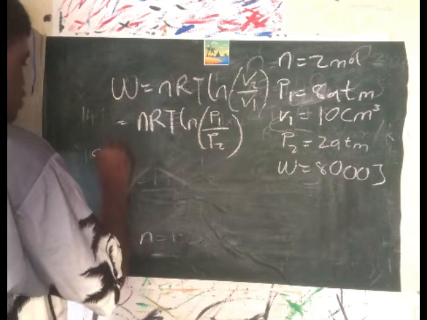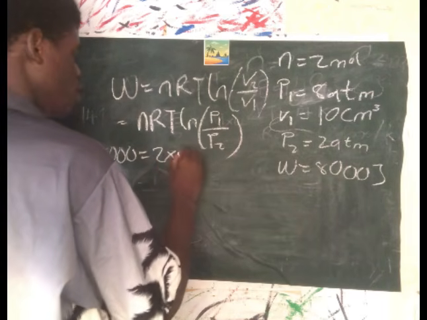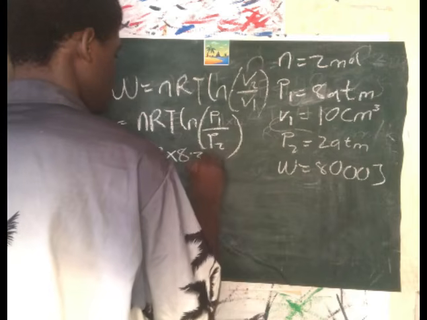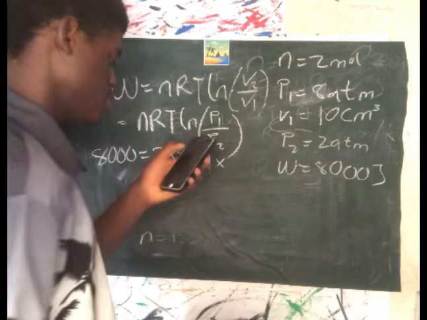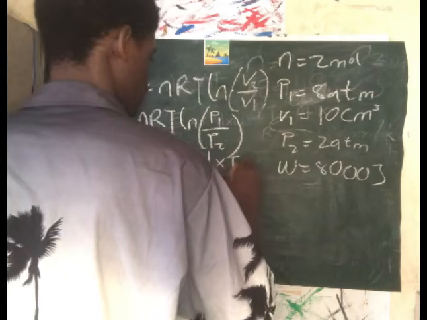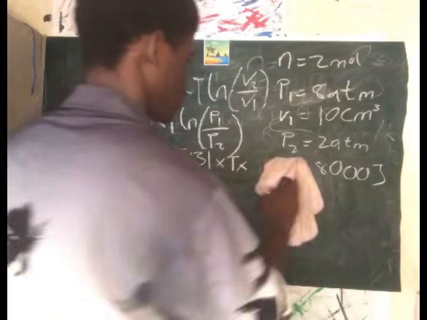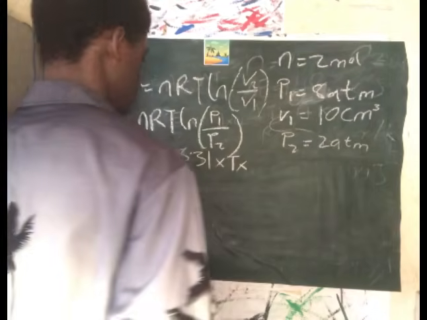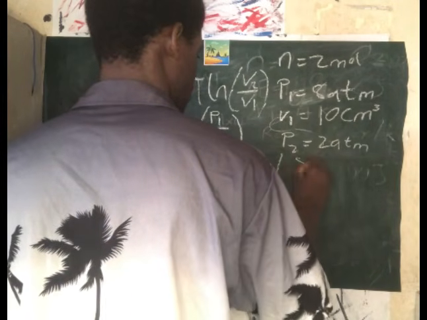So work is 8,000. We have n as 2, R is 8.31, that's our constant, times T, the temperature they say we should look for, times ln(P1/P2). That's 8 over 2.